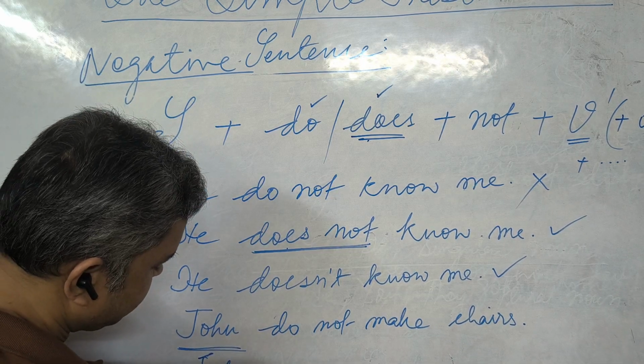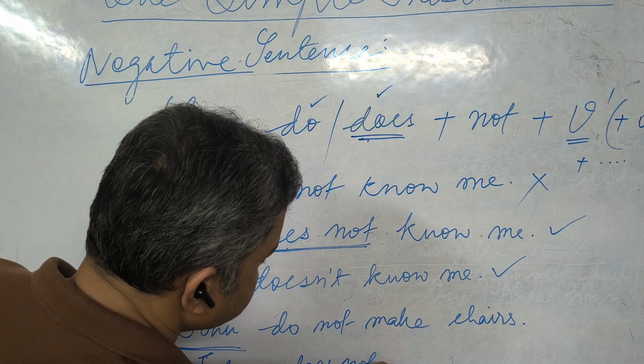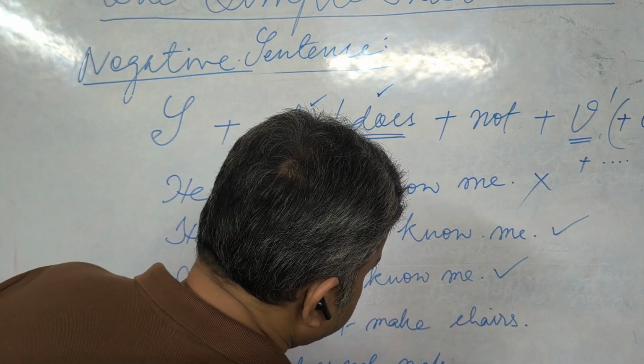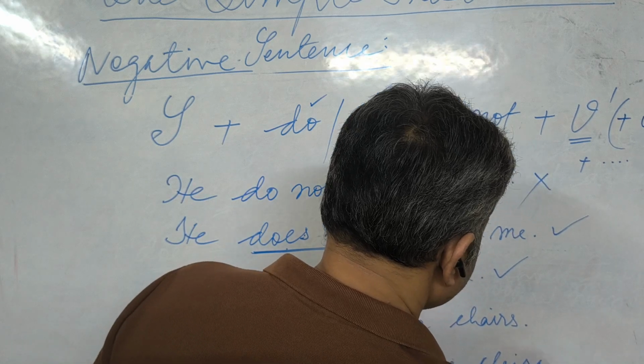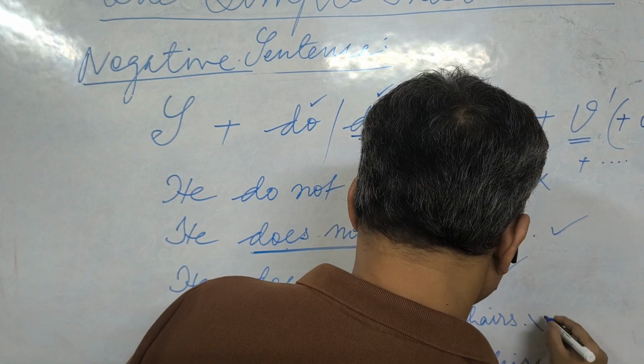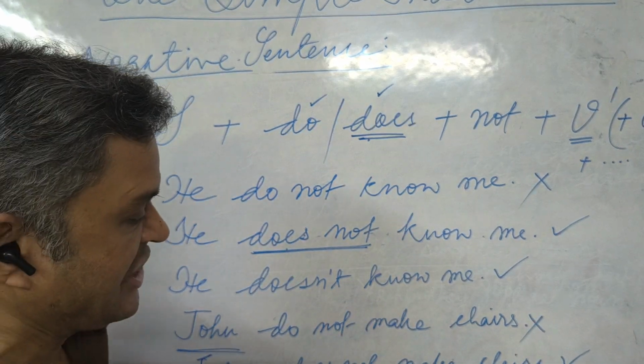So our correct sentence would be, John does not make chairs. Right? Or John doesn't make chairs.